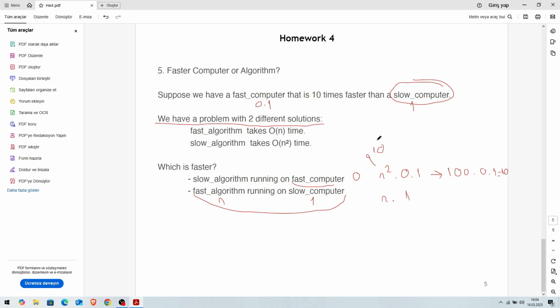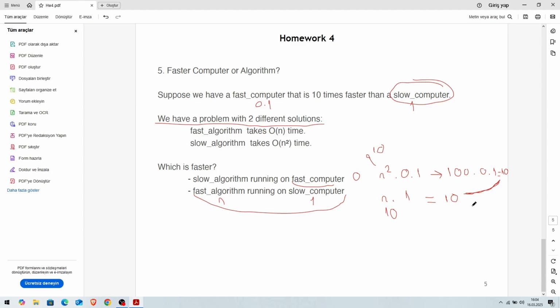And when we try this with the other algorithm, 10 multiplied by 1 is equal to 10. That is our break-even point, 10.